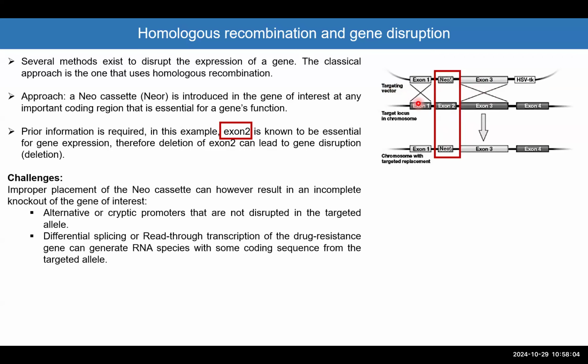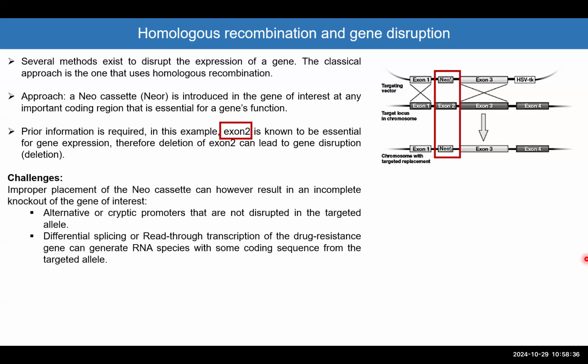And if the recombination takes place, then exon 2 will be replaced by a neo cassette, which is an antibiotic resistance gene. And then you will end up having exon 1, then an interruption with this antibiotic cassette, and then exon 3, and this will destabilize the gene, and therefore you will lose the gene function.